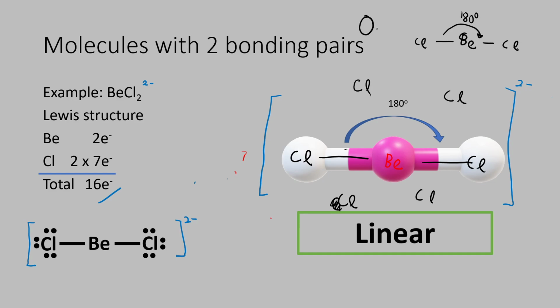Berapa? 360. Yes, 360 degree. So if we divide that by 2, we will get 180, which is the angle here. Okay, this is very simple, linear molecules.